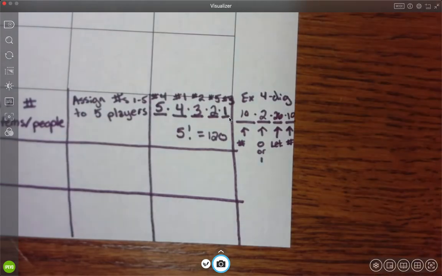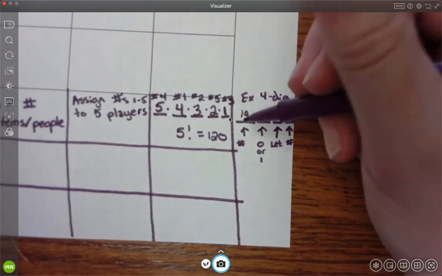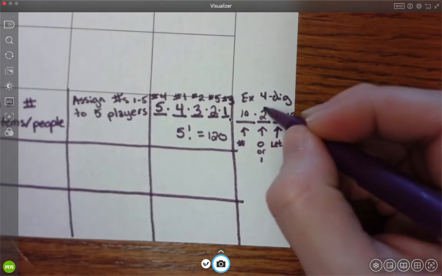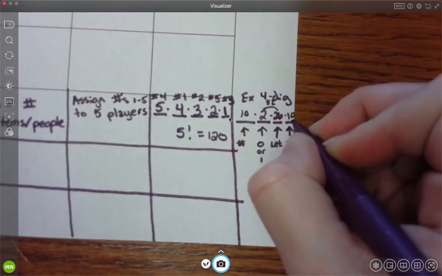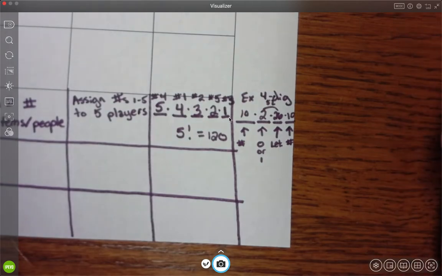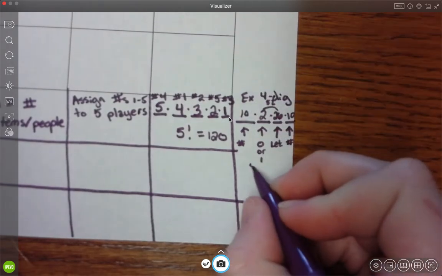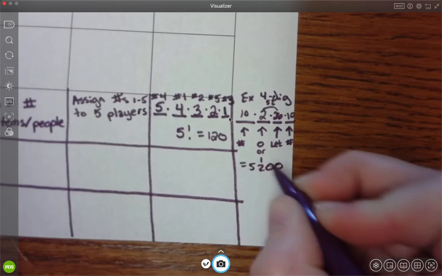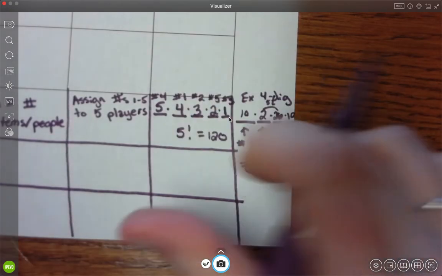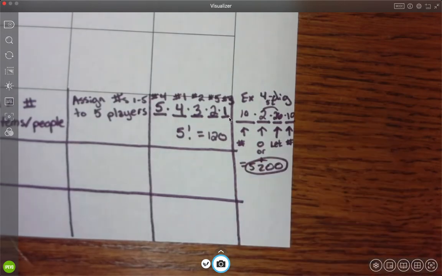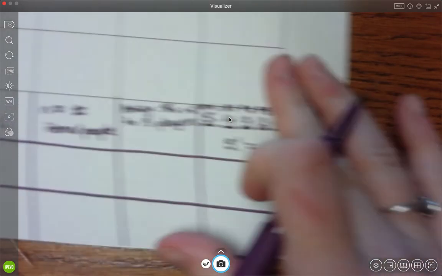When I multiply those all together, 2 times 26 is 52, times 10 times 10, which is 100, so I have 100 times 52, or 5200. I can do that in my head. There's 5,200 total combinations for that 4-digit code if that's the way that it has to be. So there's another example of a kind of permutation.